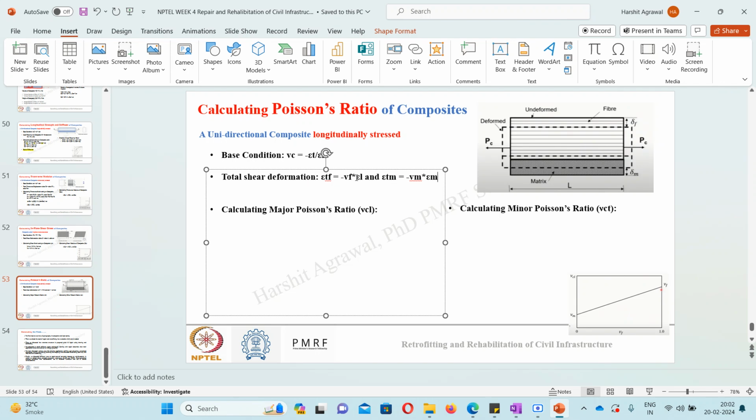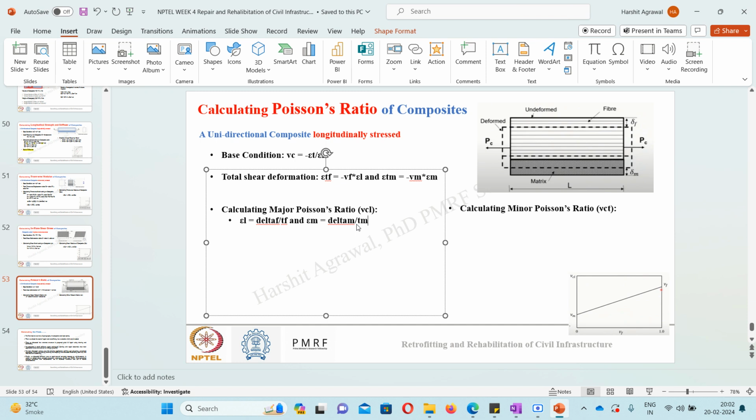I can write epsilon in terms of deflection upon length. So epsilon L is nothing but delta F on TF, and epsilon M is nothing but delta M upon TM.